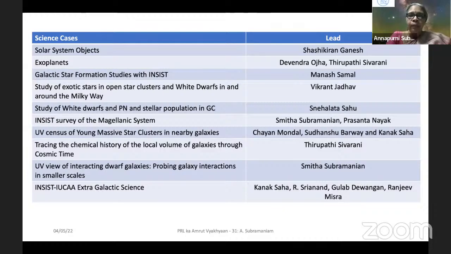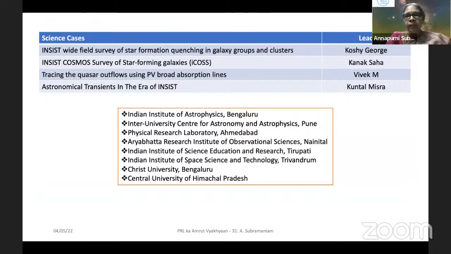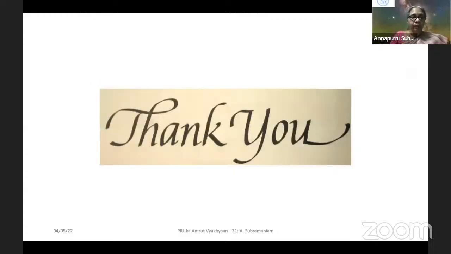Right now they have initiated the science study, which will go on for another year. Many of the members in the science team are part of the Castor science team as well. So thank you, I stop here.